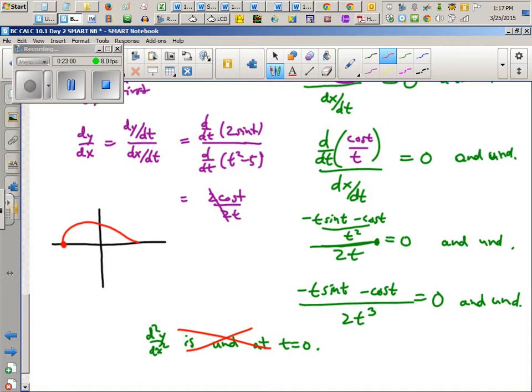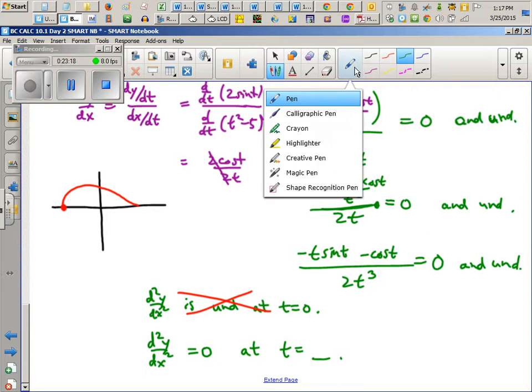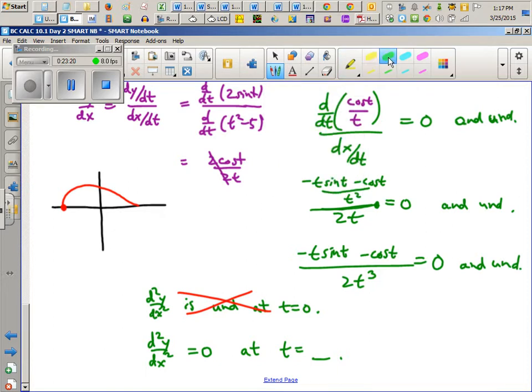Okay, let's look at where d squared y dx squared is 0. This is a little harder to fill in. So how am I going to figure out the roots of this part right here? I need the roots of this top part.